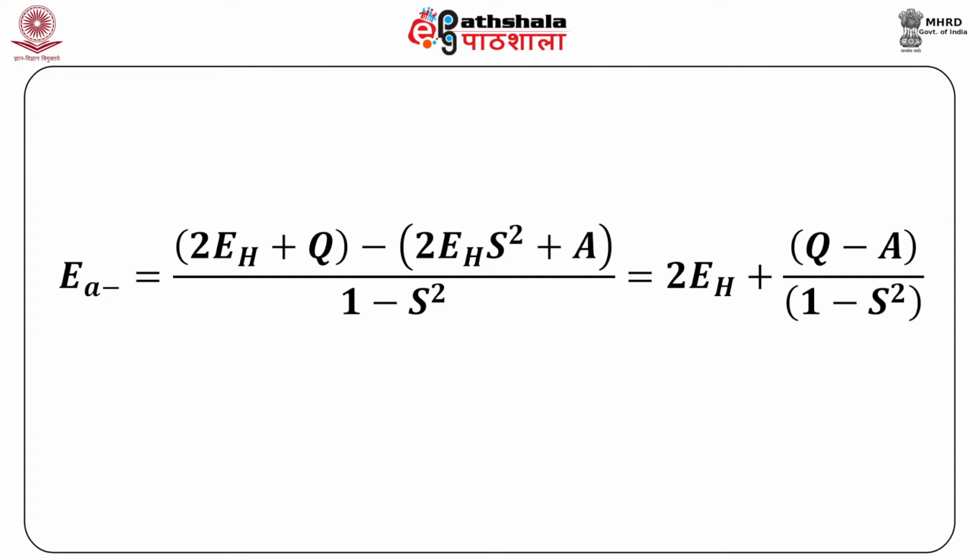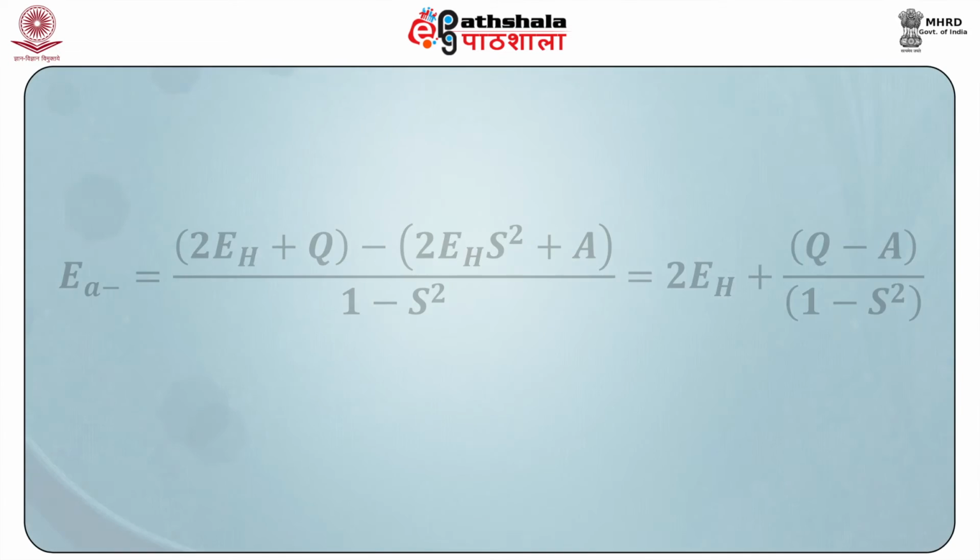And we also have another expression, EA negative, which can be similarly obtained, and this comes out to be 2EH plus Q minus A upon 1 minus S square.